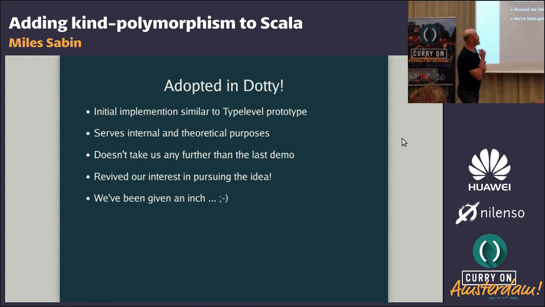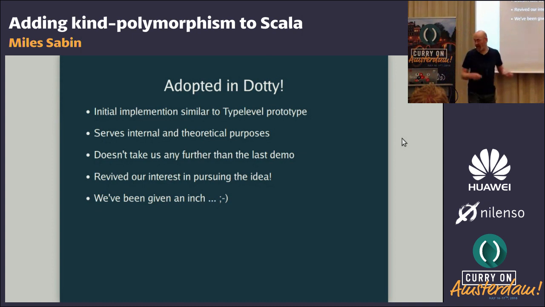It was adopted in Dotty, which is the code name for what will hopefully relatively soon become Scala 3. So the initial implementation was quite similar to the prototype we had in the type-level Scala compiler. It turns out that Martin Odersky realized there were some quite interesting uses for this form of kind-polymorphism in the internals of the Scala compiler, and it also fits in quite nicely with some aspects of the theory, which I'm not going to touch on.